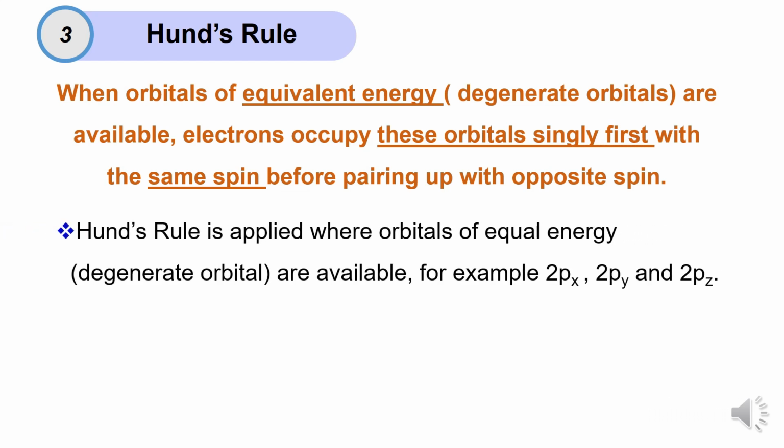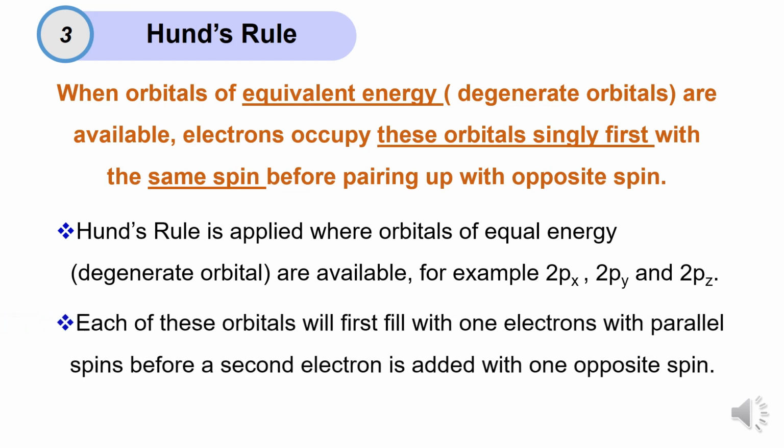Hund's rule is applied where orbitals of equal energy or degenerate orbitals are available. For example, 2px, 2py, and 2pz. Each of these orbitals will first fill with one electron with parallel spins before a second electron is added with one opposite spin.